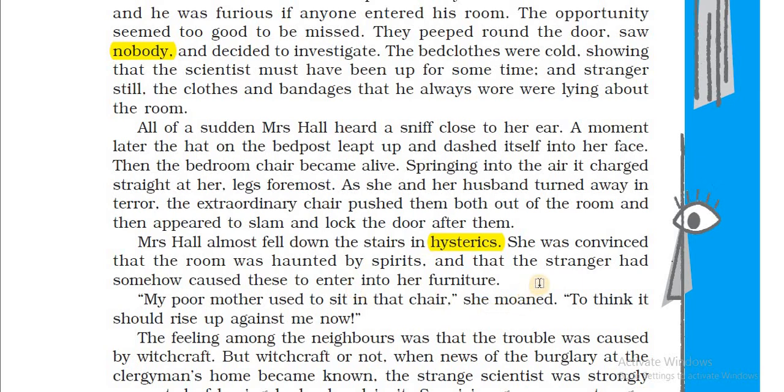That means Mrs. Hall was thinking that the room was full of evil spirits and the stranger who was living in the inn had entered those spirits in the furniture and then the furniture attacked her.